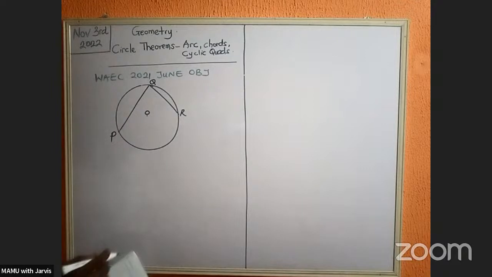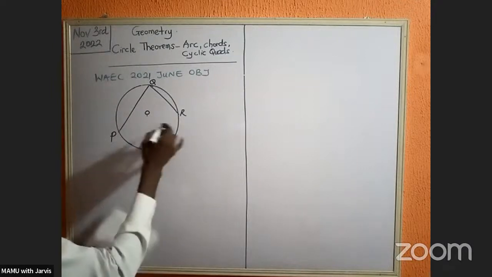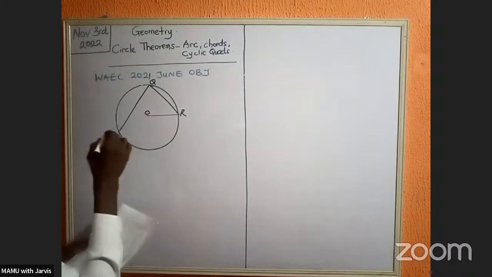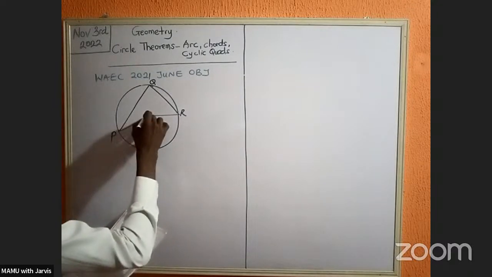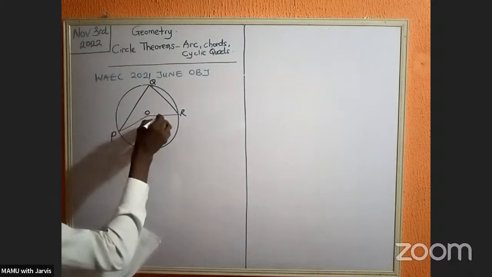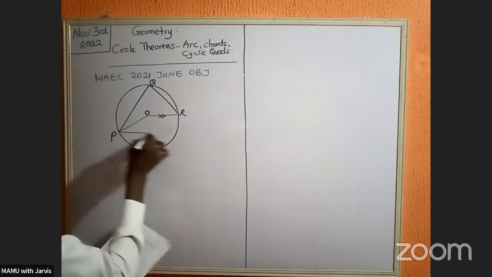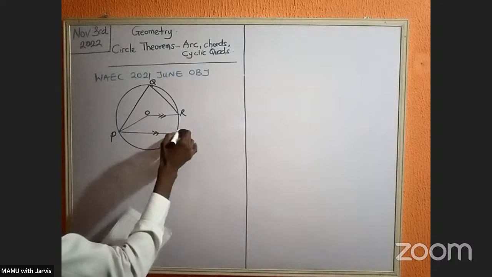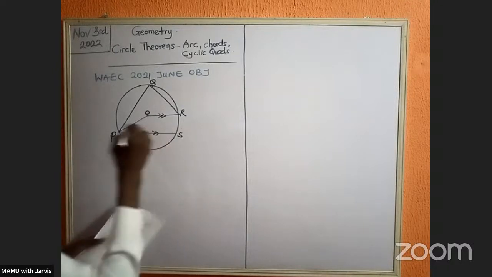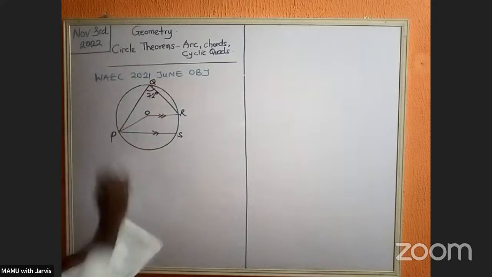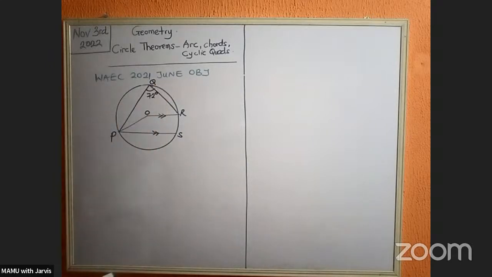More often than not, when you see this word center in geometry, that center is connected to this point, and this one is connected to this point. And then we're told that this line is parallel to this one. So I'm going to draw another. And this is S. And I'm told that this angle here is 72 degrees. So this is the diagram we are given.